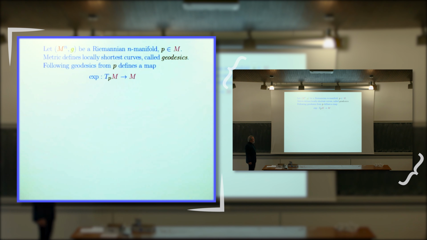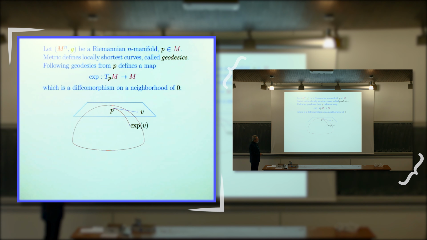This map is the map which, given a tangent vector at the base point, follows a geodesic in that direction for a parameter distance which is the same as the length of the initial tangent vector.